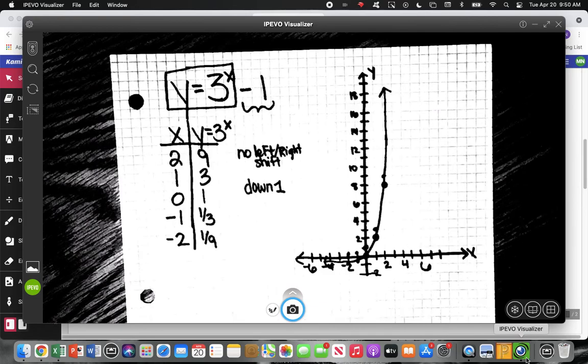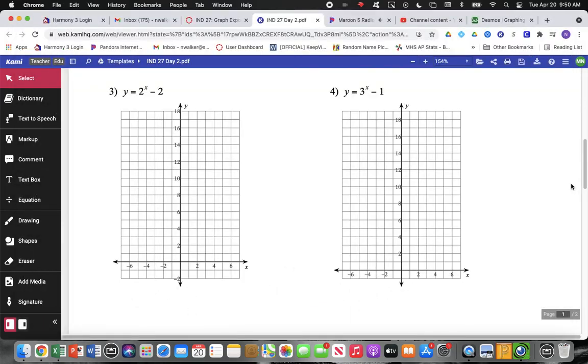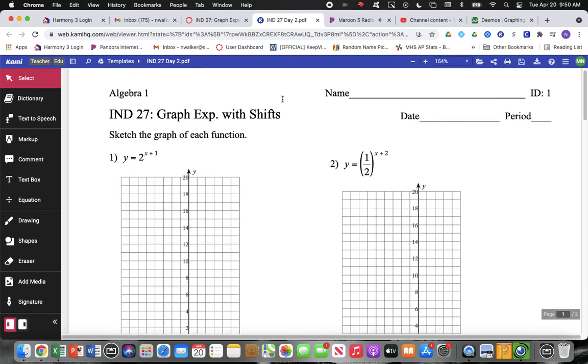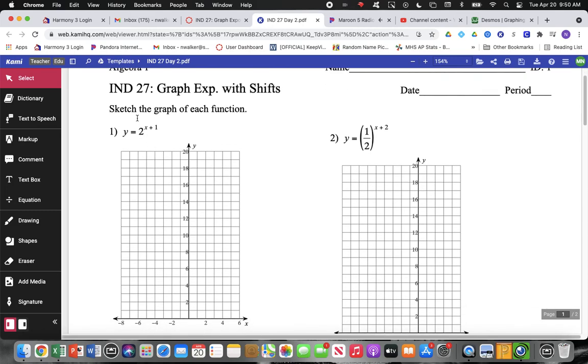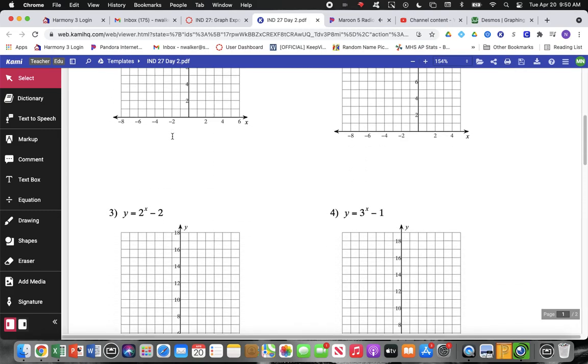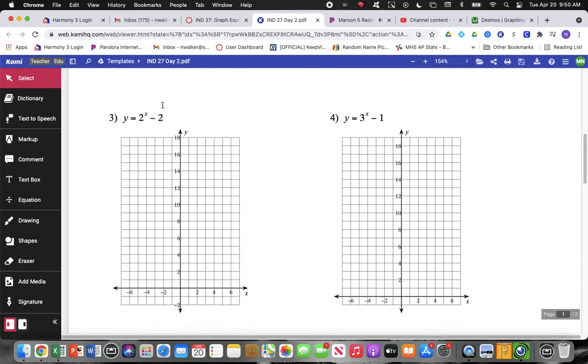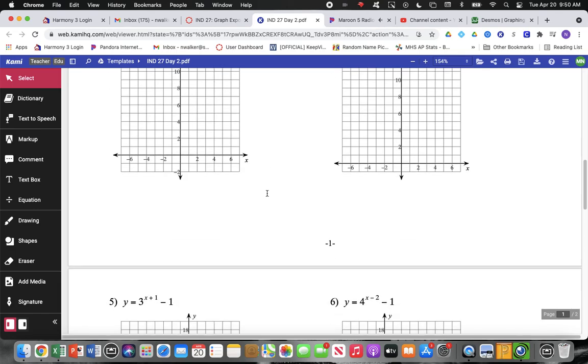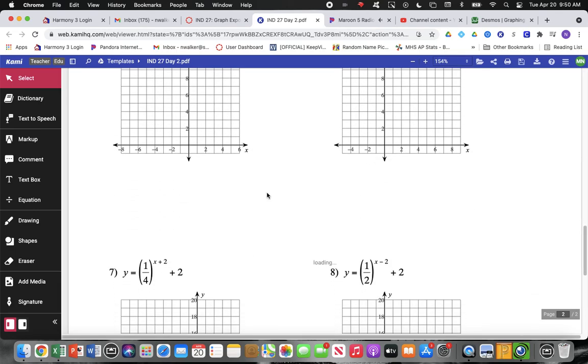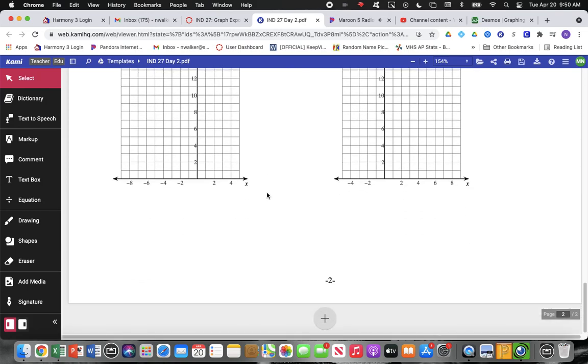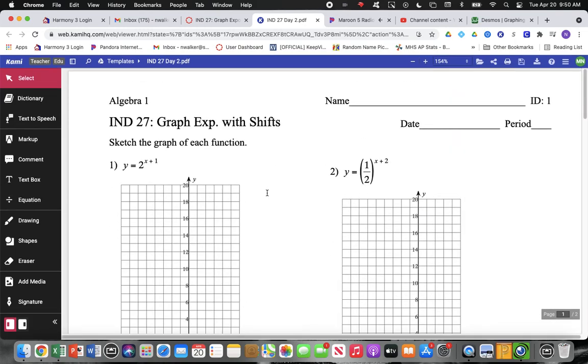I wanted to make sure that you saw one that didn't have a shift. So on the front page, on the first 2, you have things changing x, but there's nothing changing y. Here, the third and the fourth one, nothing changes x, you just have numbers changing y. And then on the back side, you have both shifts. So it's a little bit of everything.